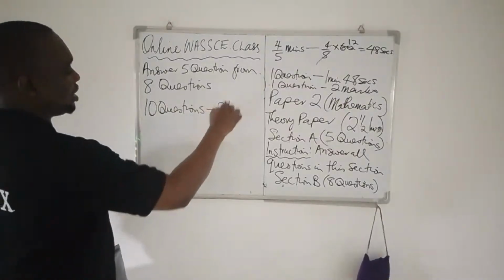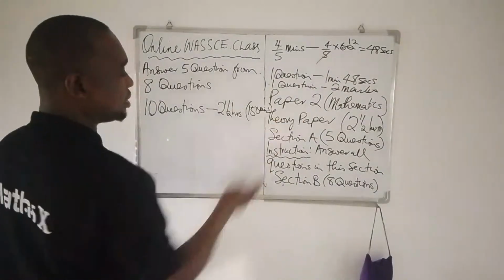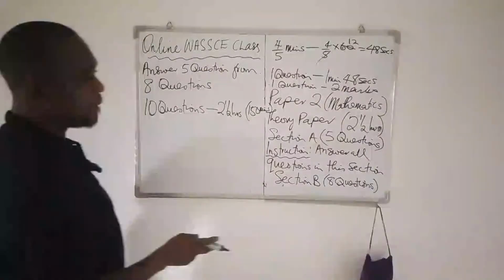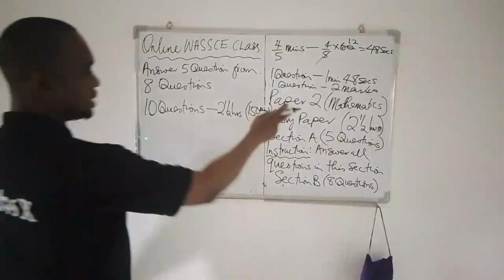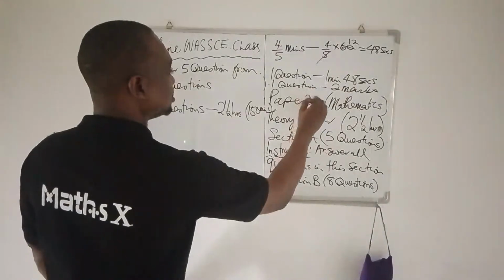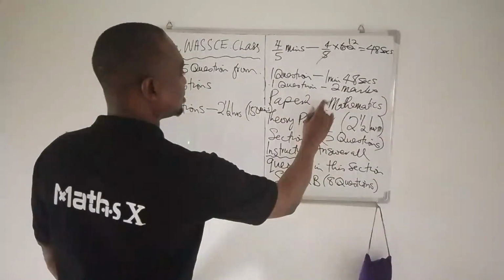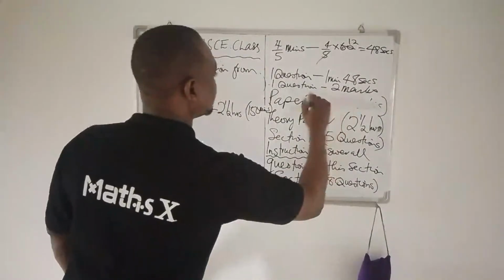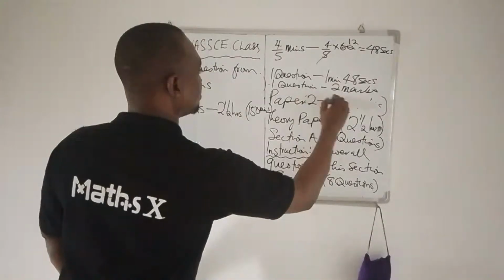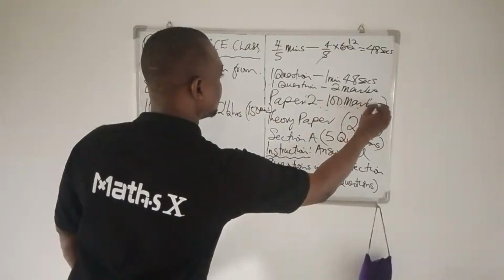So you are to answer 10 questions in 2.5 hours, which is awarded here. I missed that, but it's there also. So the marks awarded is 100 marks. Paper 2, you have 100 marks also.